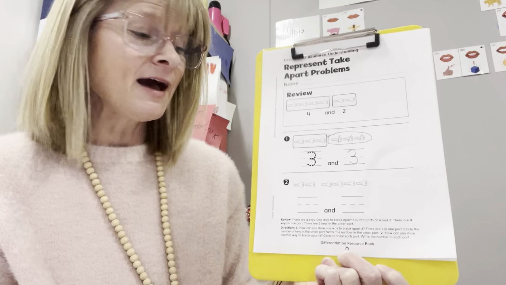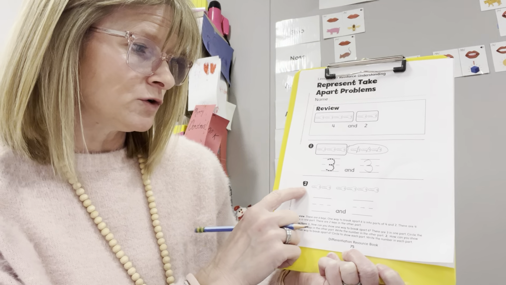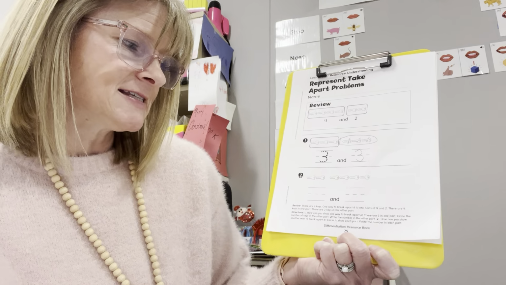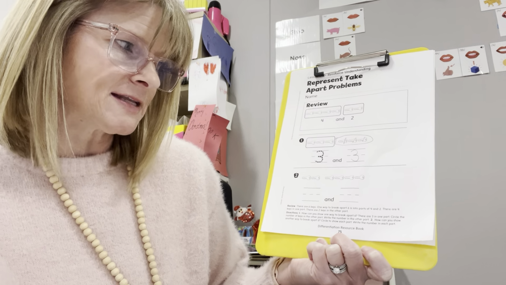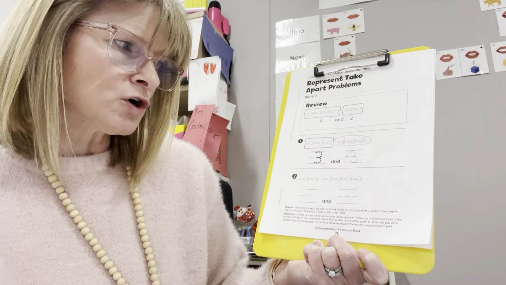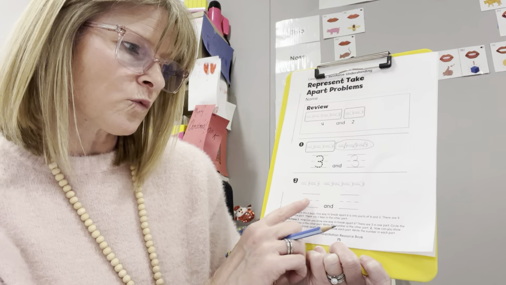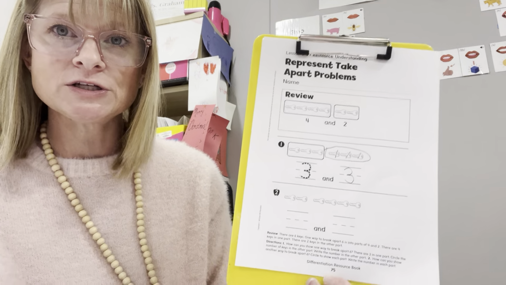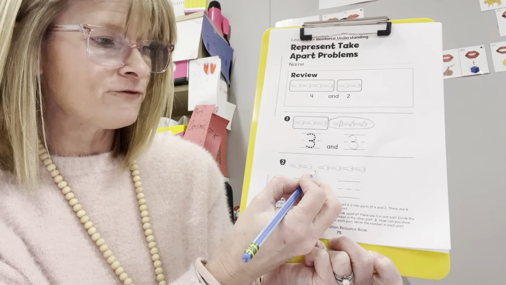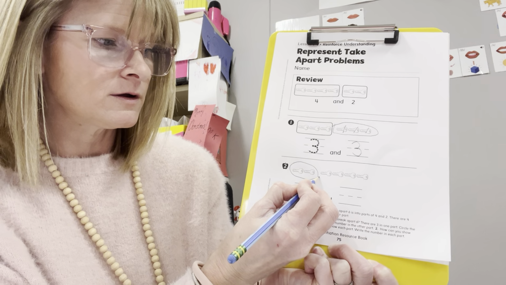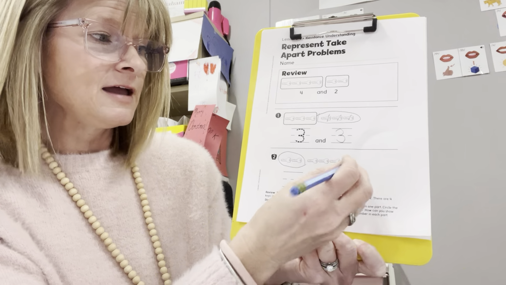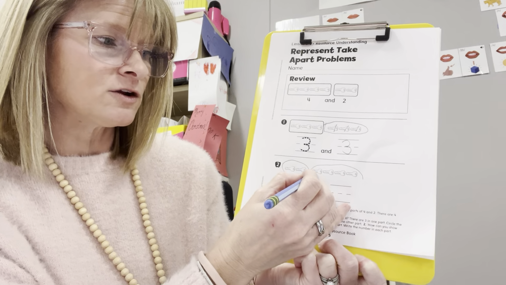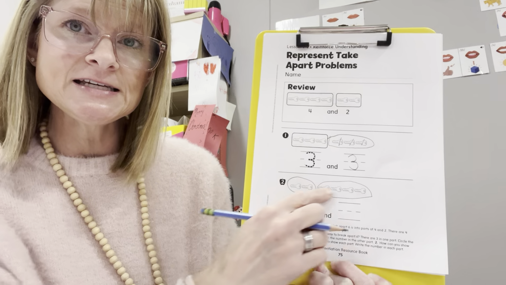Okay? Now let's look down here at number 2 with the keys. It says, how can you show another way to break apart 6? Circle to show each part and then write the number in each part. So here we're going to circle that first group here. And then we're going to circle that second group. Remember, there's 6 keys in all.